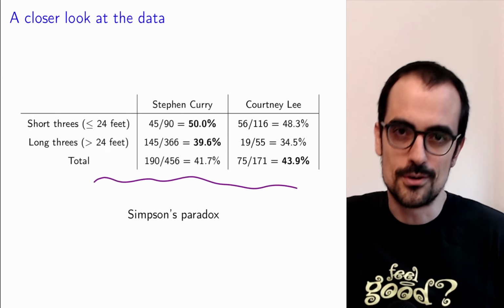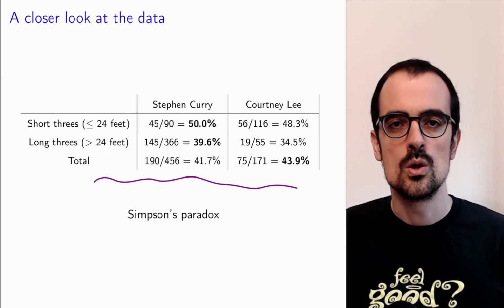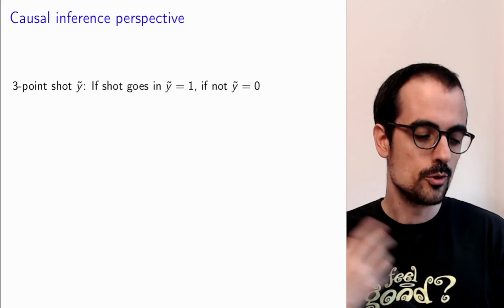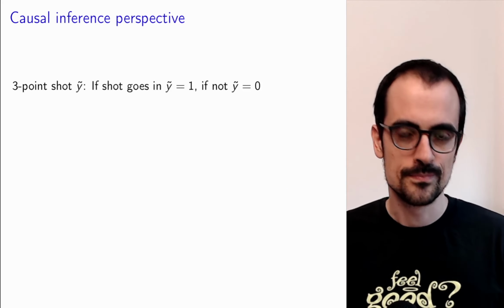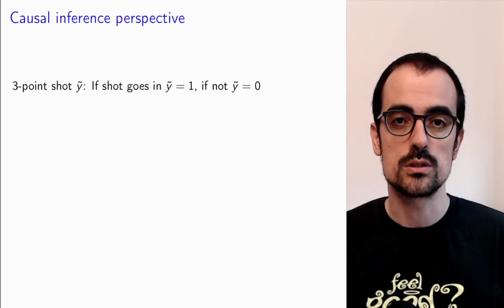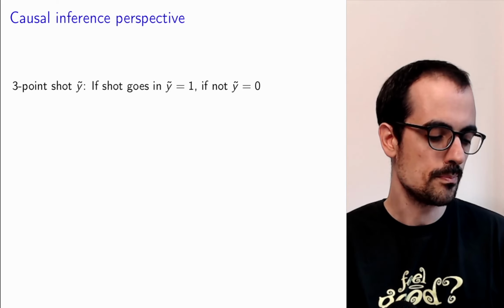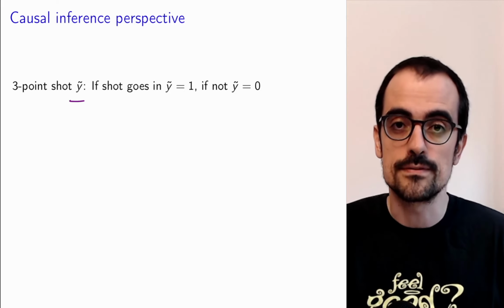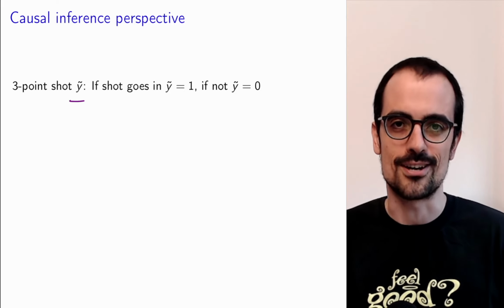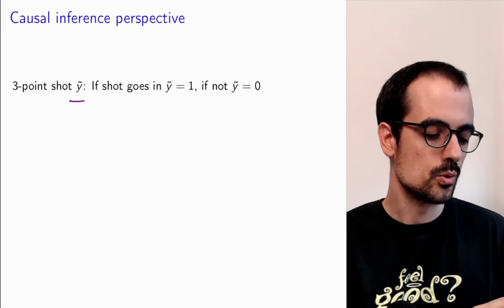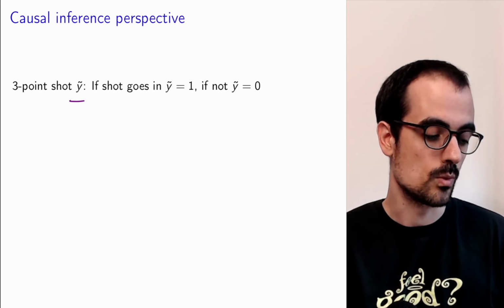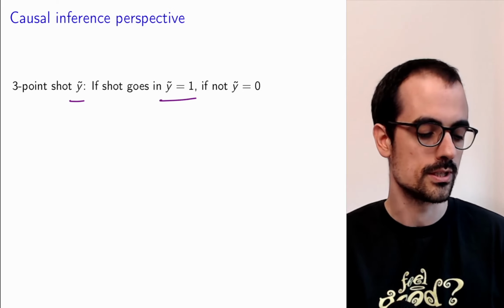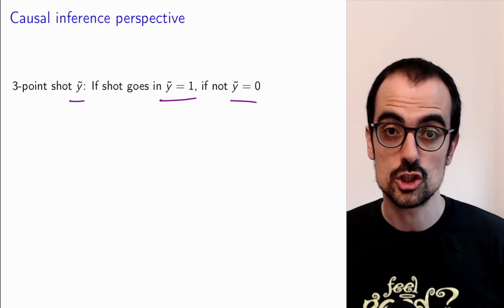But before explaining exactly what's going on, we have to analyze this problem from the viewpoint of causal inference. So from the viewpoint of causal inference, we're going to treat this 3-point shot as the observed variable that we're going to base our causal inference on. We're going to represent whether the shot goes in or not as a Bernoulli random variable that is equal to 1 if the shot goes in and 0 if it does not go in.